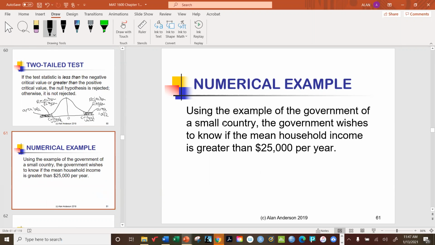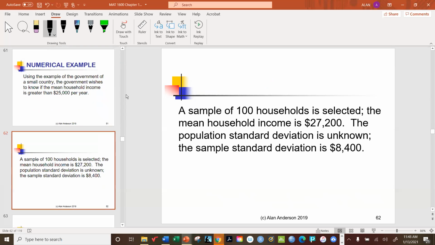Here's an example. Using the example of the government of a small country, which we briefly looked at earlier, the government wishes to know if the mean household income is greater than $25,000 per year. Fine. So they choose a sample of 100 households. The mean household income in that sample is 27,200.